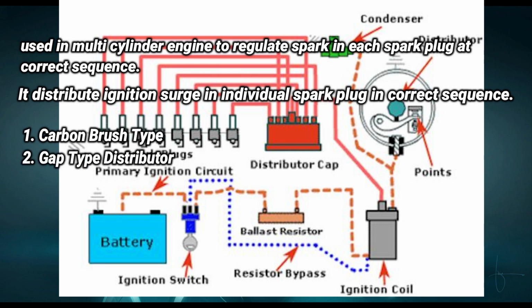In the carbon brush type, a carbon brush carried by the rotor arm slides over the metallic segment embedded into the distributor cap of molded insulating material. This makes the electric connection of the secondary winding with the spark plug. In the gap-type distributor, the electrode of the rotor arm passes close to but does not make contact with the distributor cap. So there is no wear of the electrode.